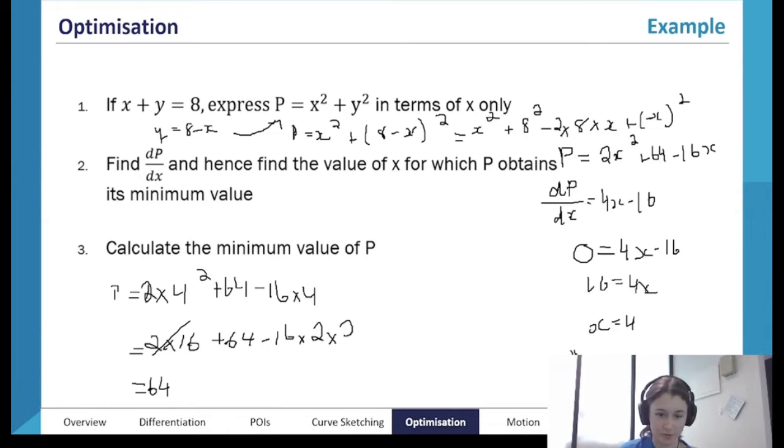Because 4 is just 2 times 2. And as you can see, these parts are like terms. So this leaves us with 64 minus 16 times 2. So 16 times 2 is 32.